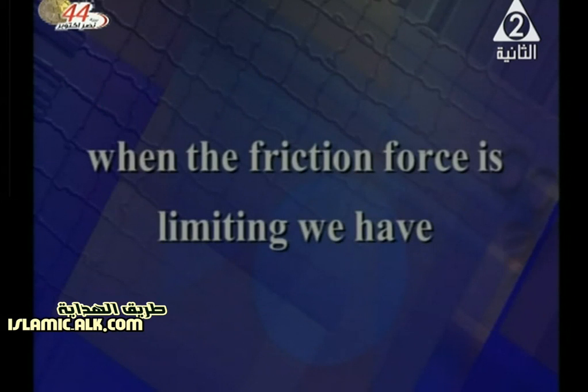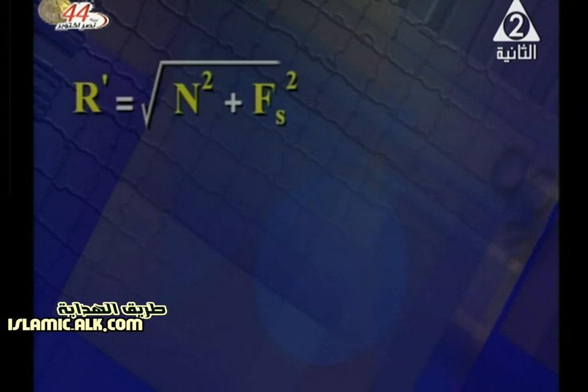When the friction force is limiting, we have R' equals the square root of N squared plus Fs squared. What is Fs? Fs means static friction force. When F is at the limit, F is called Fs.